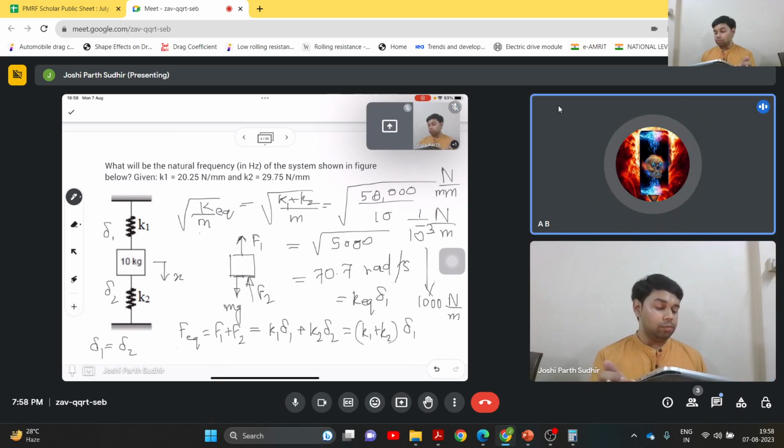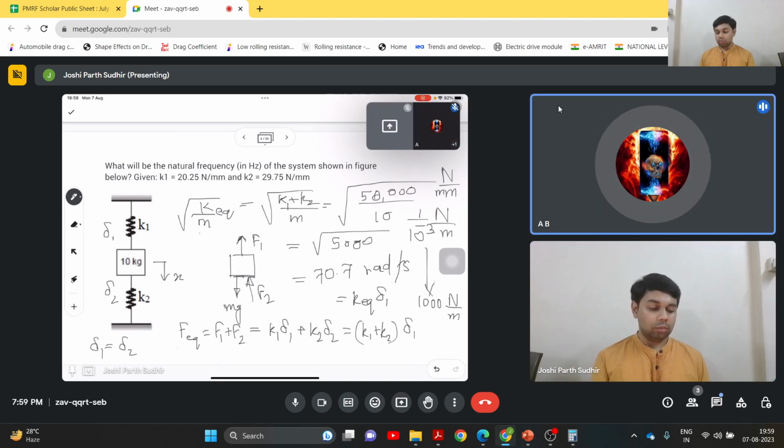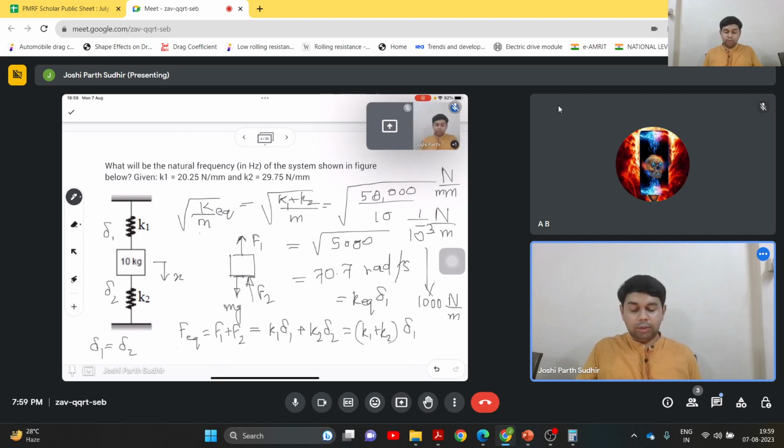Sir, but the mass is in kg, right? Yes, the mass is already 10 kg, and the stiffness value is 50 Newton per mm, so it is 50 into 1000 Newton per meter. Sir, don't we multiply with gravity to convert the mass into Newton? No, it's not about mass. It's the unit of stiffness, Newton per meter.